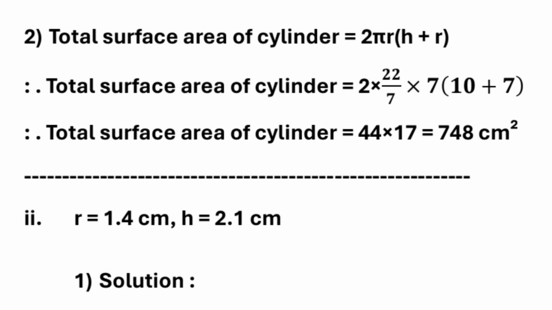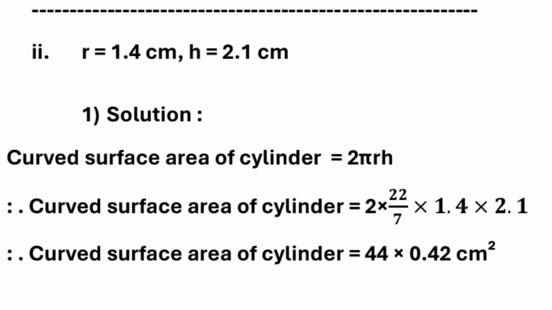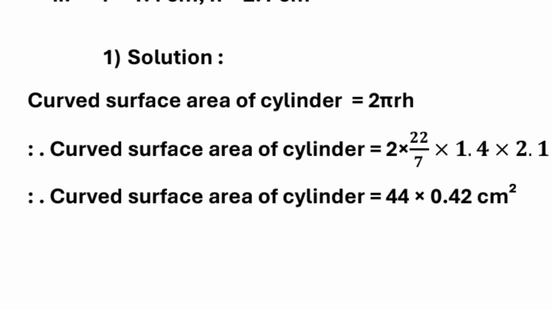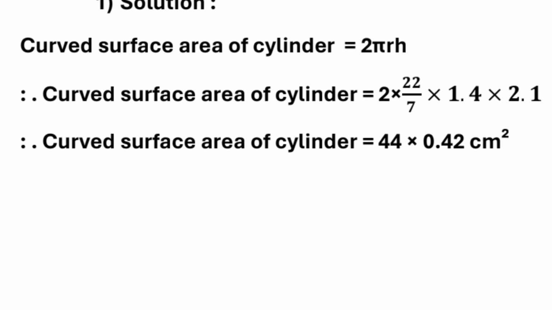Next example: R is equal to 1.4 centimeter and H is equal to 2.1 centimeter. By using these values of radius and height, we find out the curved surface area of cylinder as well as the total surface area.